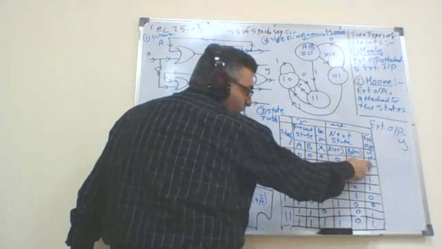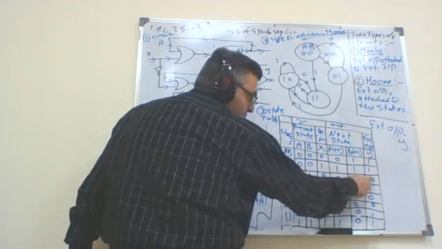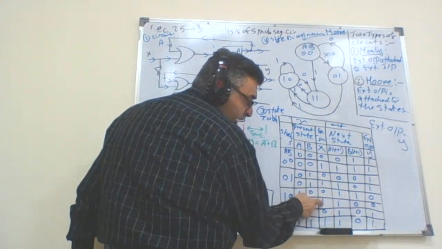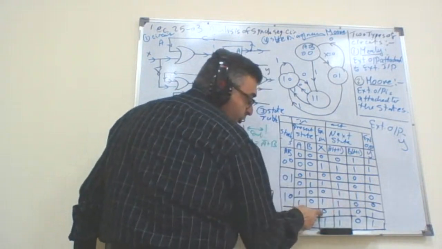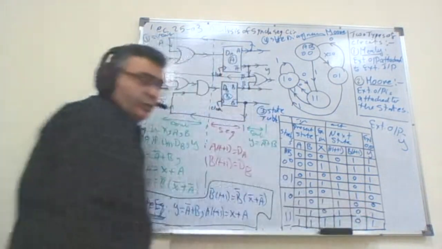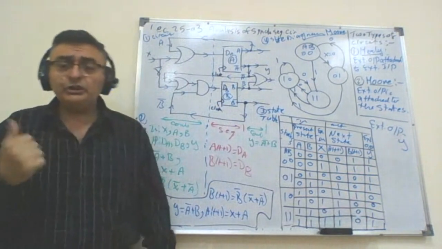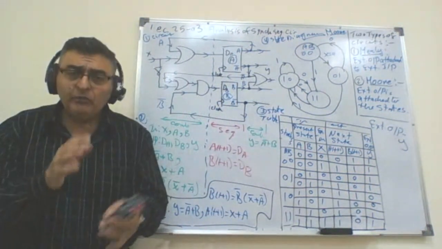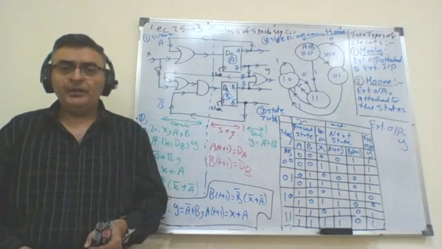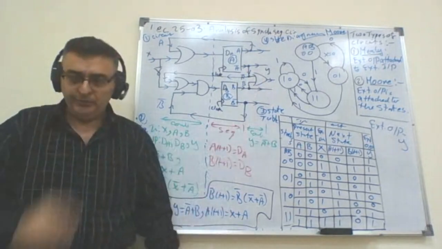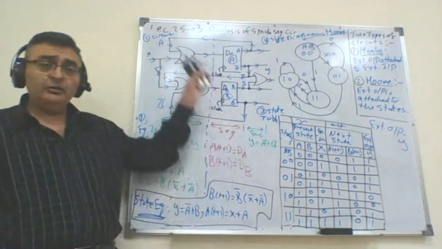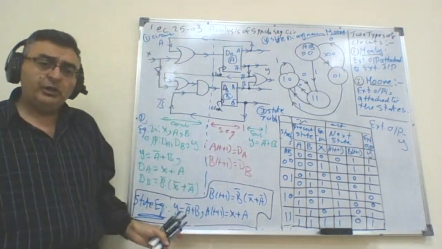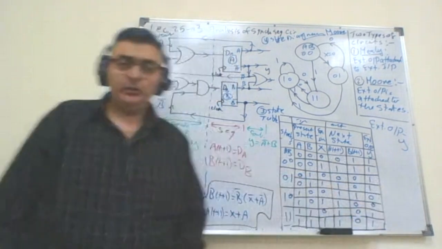No. 0, 1 and Y is 1. 0, 1 and Y is 1. 0, 1 and Y is 0. 0, 1 and Y is 0. So Y is not changing by changing X for any pair of X, 0 and 1. That means the circuit is Moore. I can identify it's Moore either from the circuit, from the equation, or from the table.